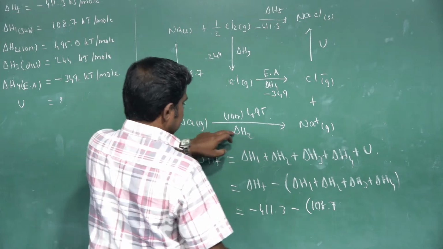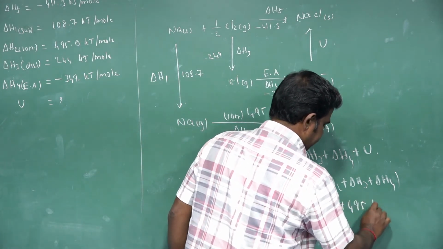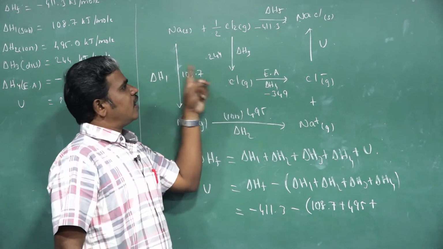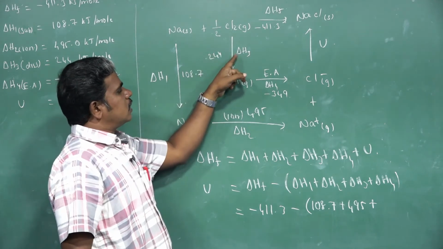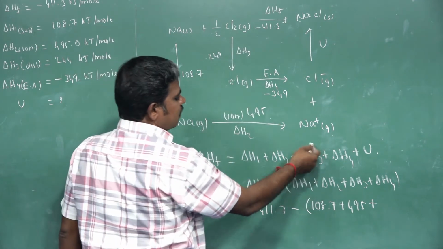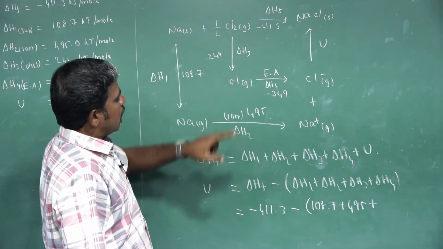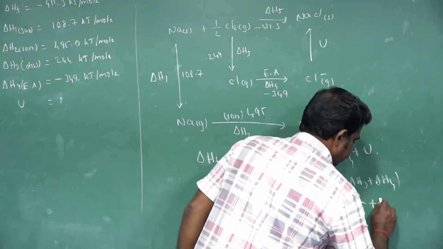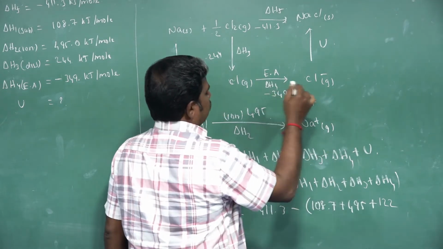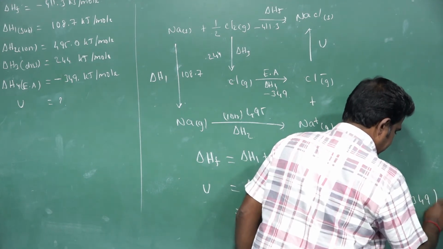108.7 and delta H2 plus 495 and plus delta H3. And listen, in the case of delta H3, half of delta H3 is used because half a molecule is taken for 1 mole. So half mole is taken, so 244, half of it is 122. And delta H4 is minus 349.